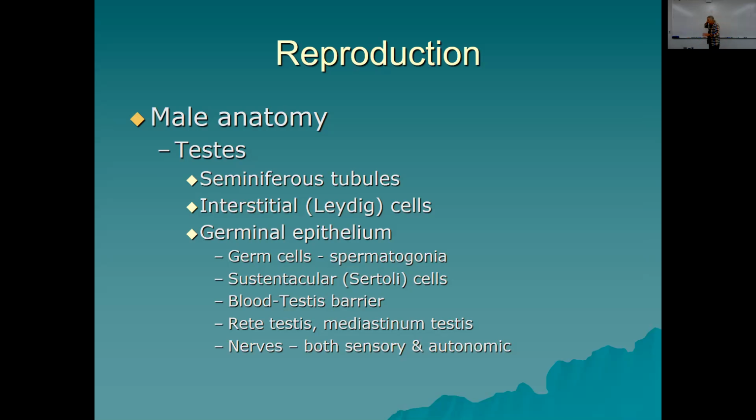There's the mediastinum testis. This is a series of tubes that come from the seminiferous tubules and coalesce into the epididymis. There are nerves, both sensory and autonomic, in the testis.